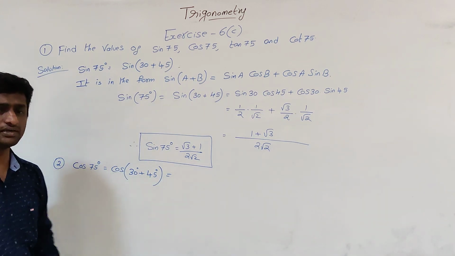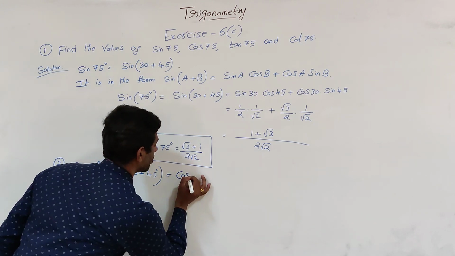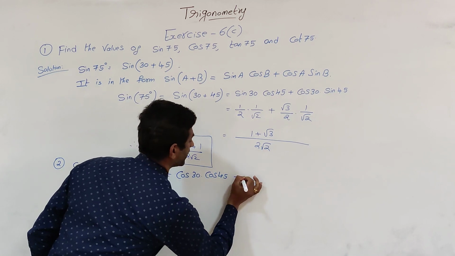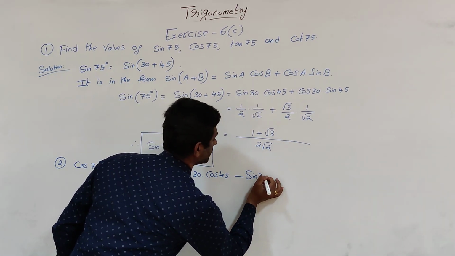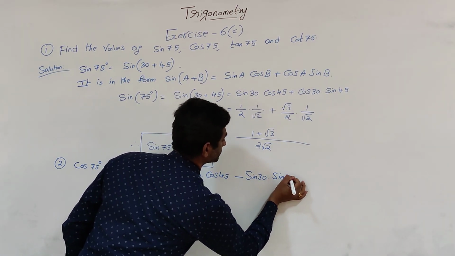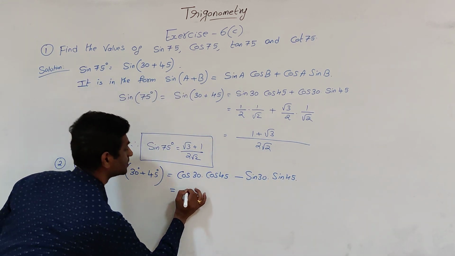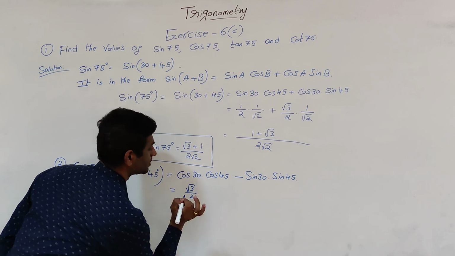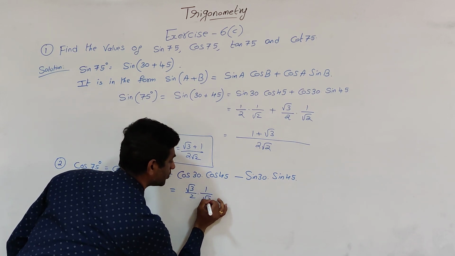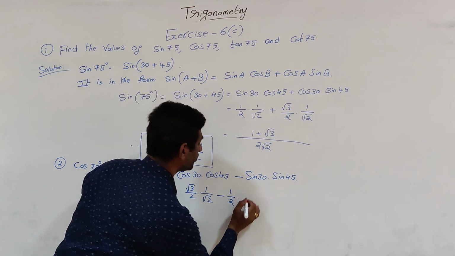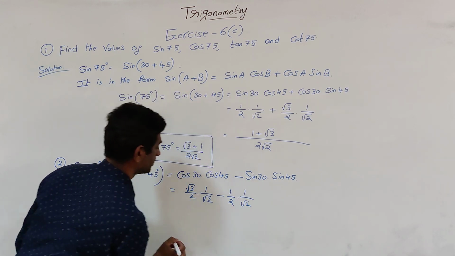Now if we expand it, cos 30 into cos 45 minus sin 30 into sin 45. Cos 30 value is root 3 by 2, cos 45 is 1 by root 2, minus sin 30 which is 1 by 2, into sin 45 which is 1 by root 2.